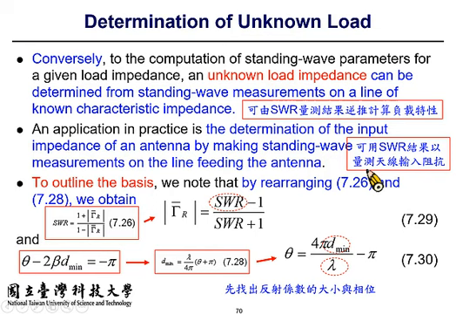What you really want is theta, that is the angle, the phase of the reflection coefficient. Once you know the D minimum value and you know the wavelength, according to the distance between two voltage minima, you can substitute the values into this equation and get the phase, the angle of the reflection coefficient. So using equations 7.29 and 7.30, you have a complete description of the reflection coefficient gamma R.